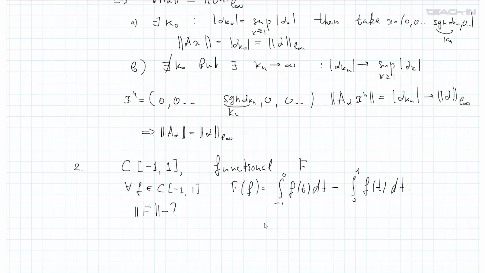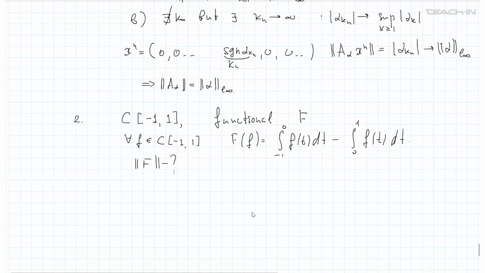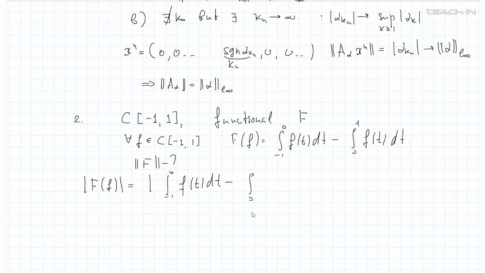Find the norm. Again, beginning from the estimation. For an arbitrary function f, we can write it as the absolute value of this integral, or the difference of the integrals.